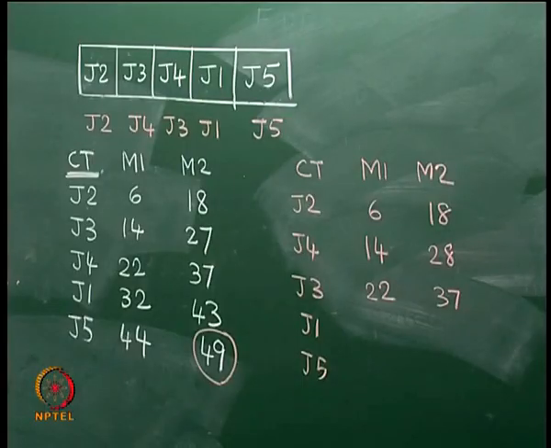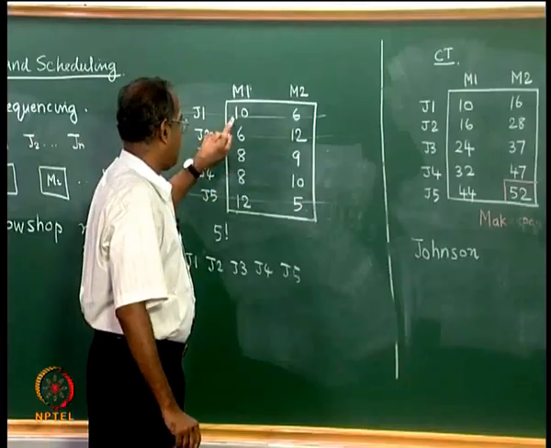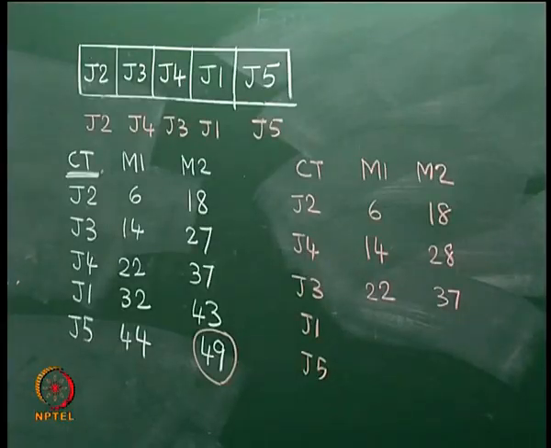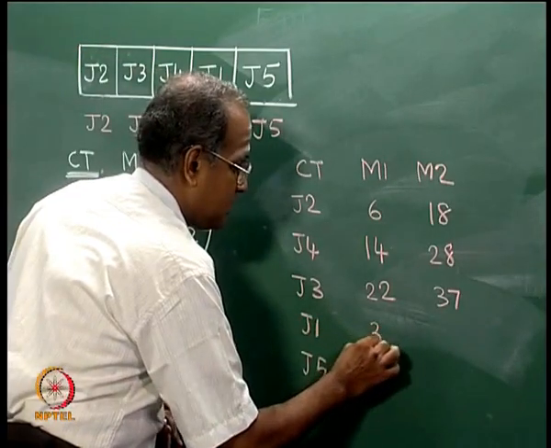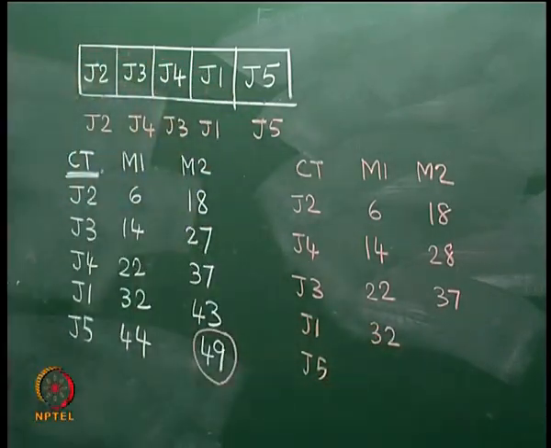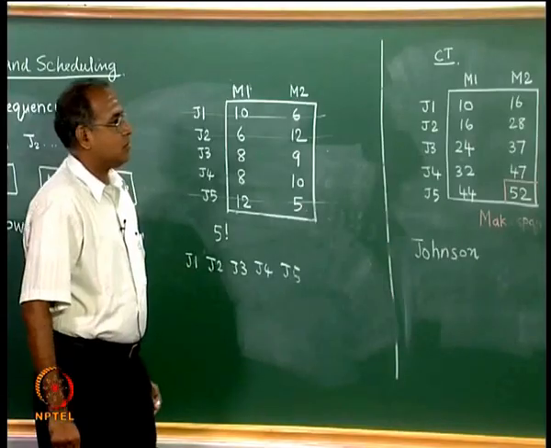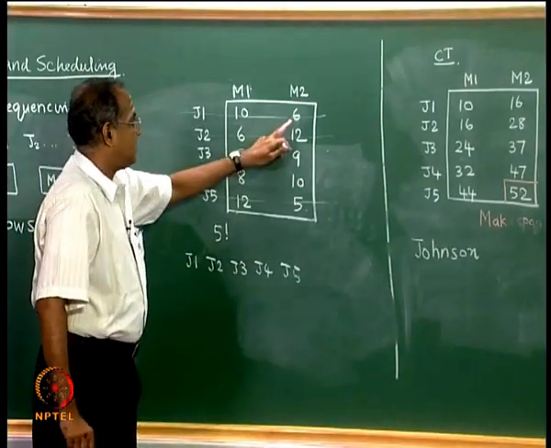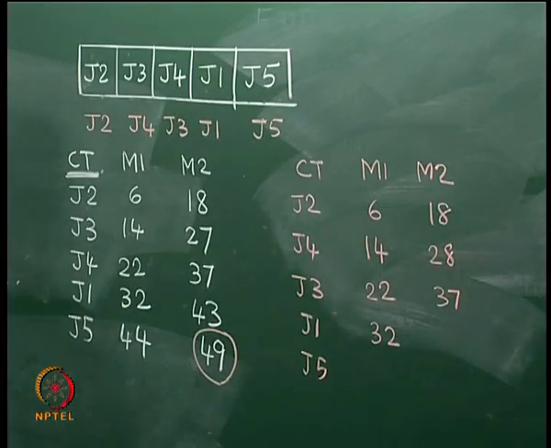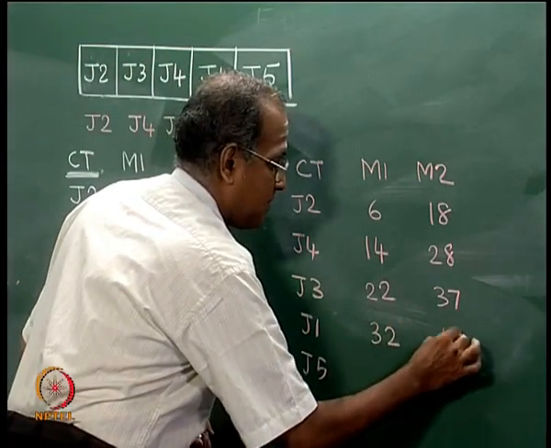Now, J1 can go to M1 at 22, takes 10 units of time, finishes at 32, waits for 5 more units of time to go to M2 at 37, takes another 6 units and comes out at 43.